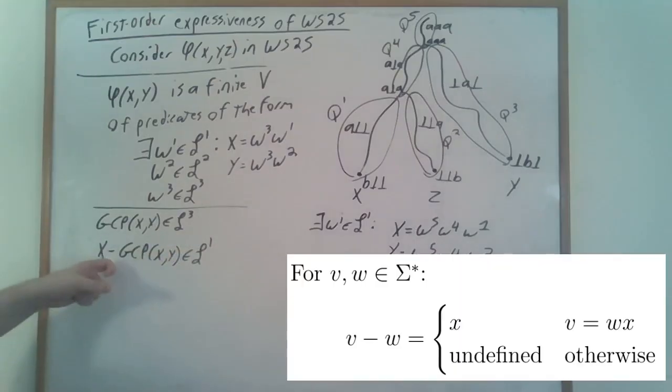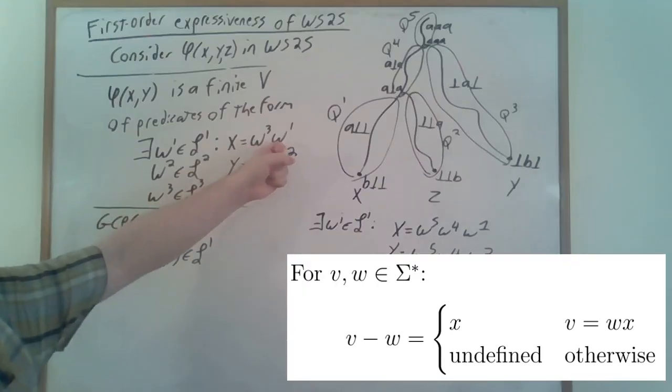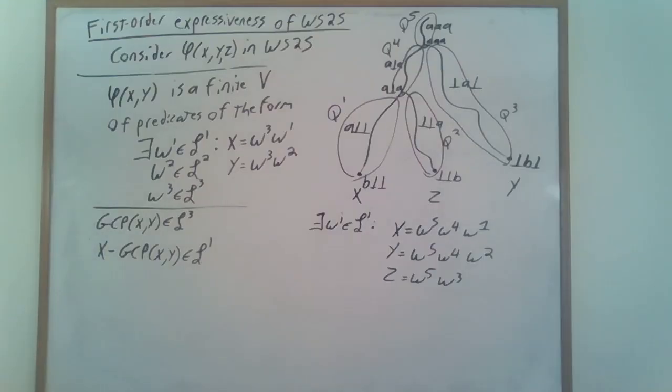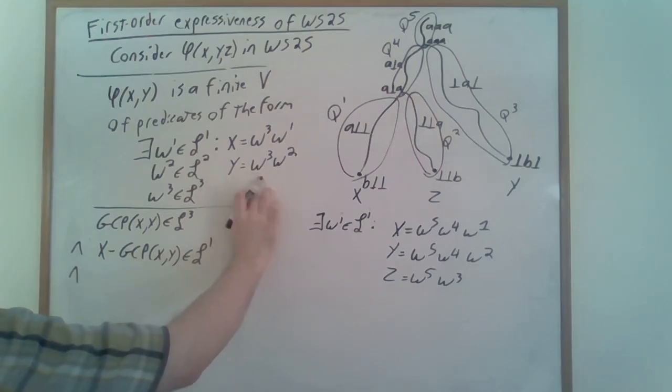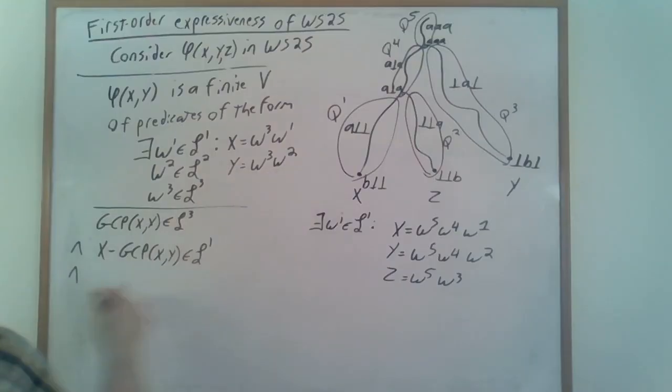This will be kind of a partially defined notion of subtraction that takes in something like W3, W1, and when we subtract off W3, we're left with W1. And if you input things that aren't valid, it doesn't give you anything. It's undefined. And Y minus the common prefix falls into another regular language, L2.